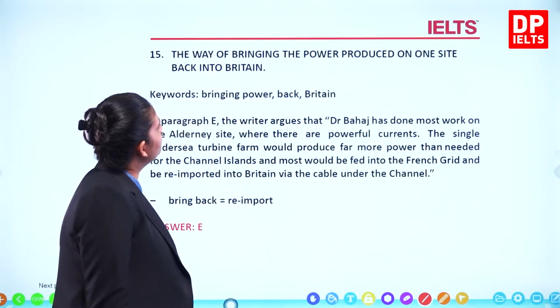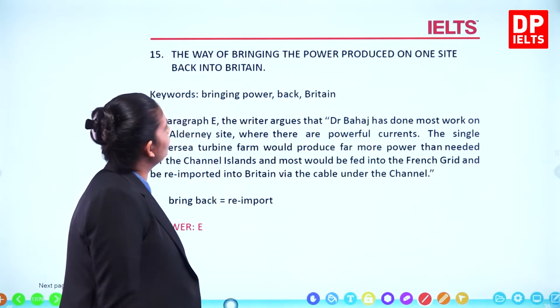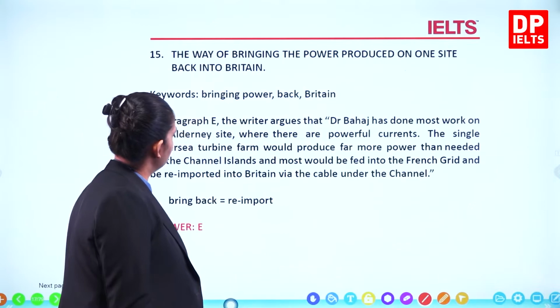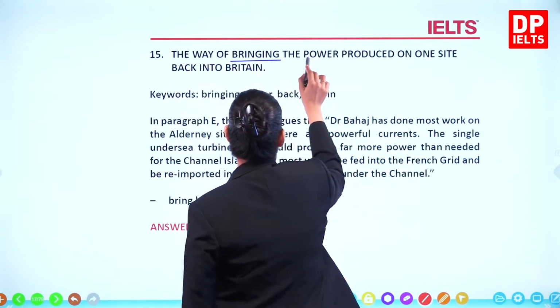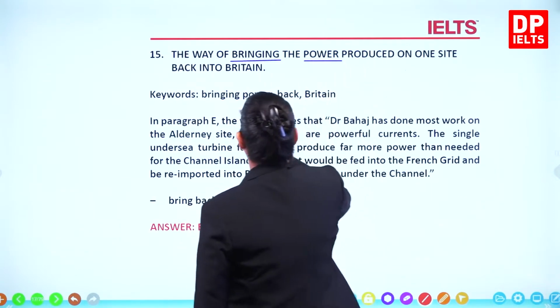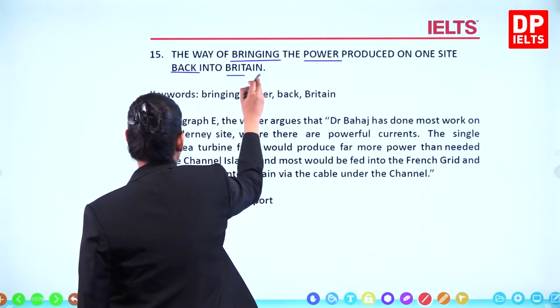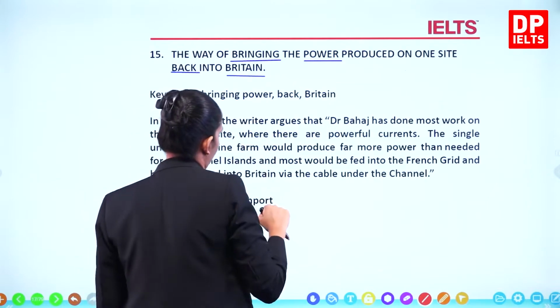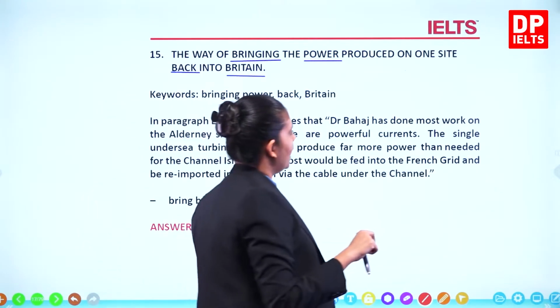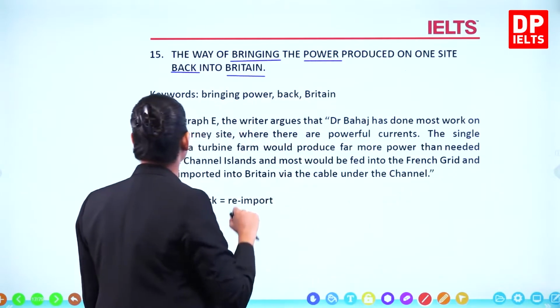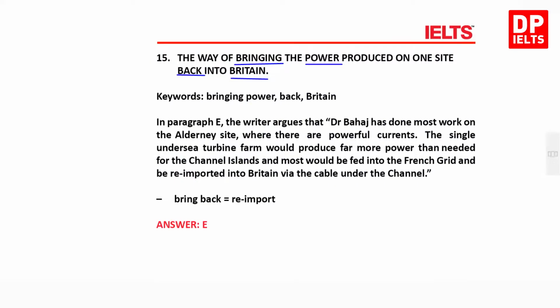The way of bringing the power produced on one side back into Britain. Okay, so bringing power back to Britain. Go to para E. It says, Dr. Bahaj has done most work on Alderney where there are powerful currents.